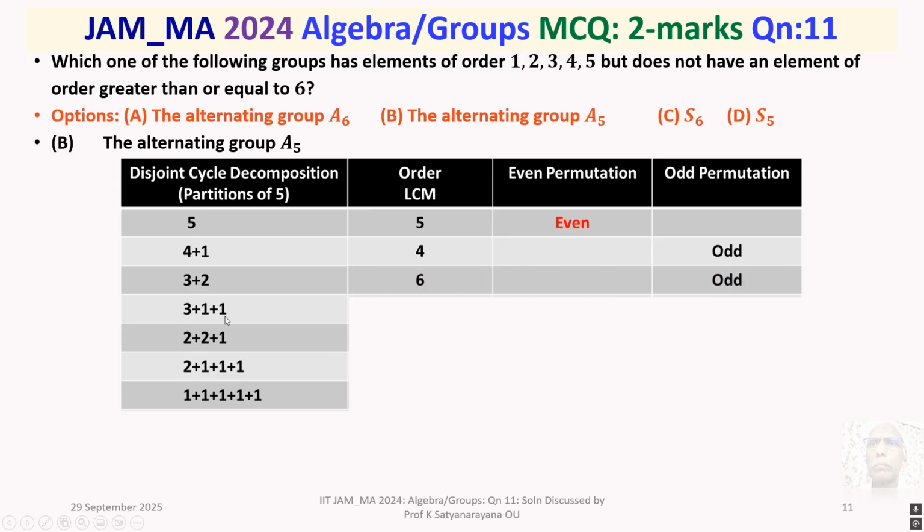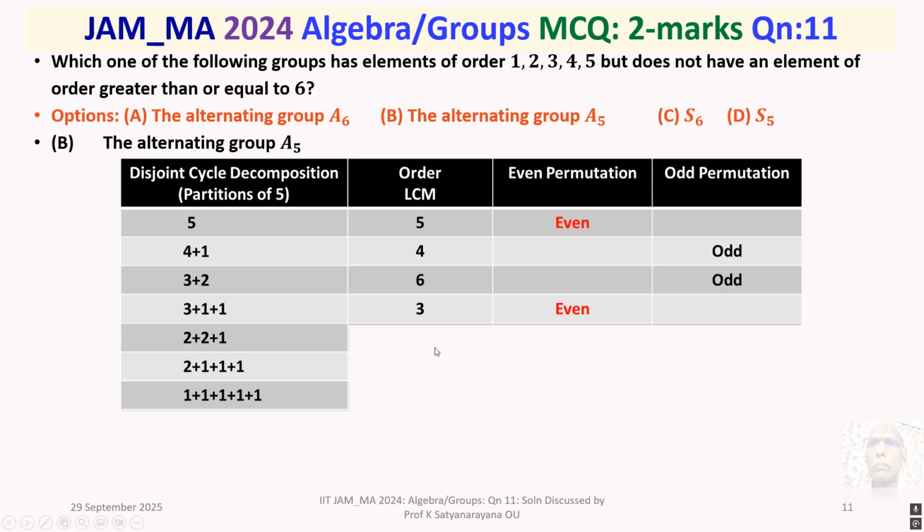3 plus 1 plus 1: the 3-cycle is an even permutation, and the LCM is 3. 2 plus 2 plus 1: each 2-cycle is 1 transposition, so the number of transpositions will be 2.